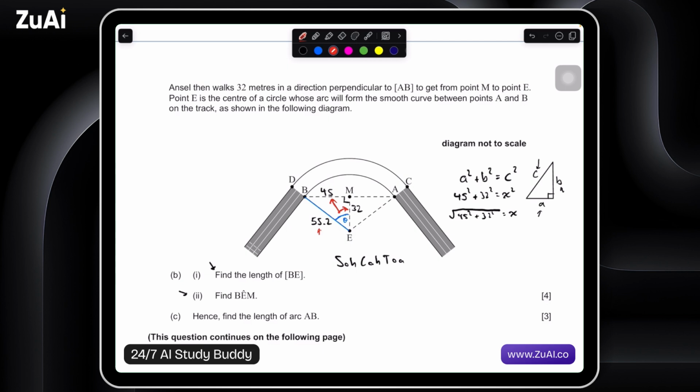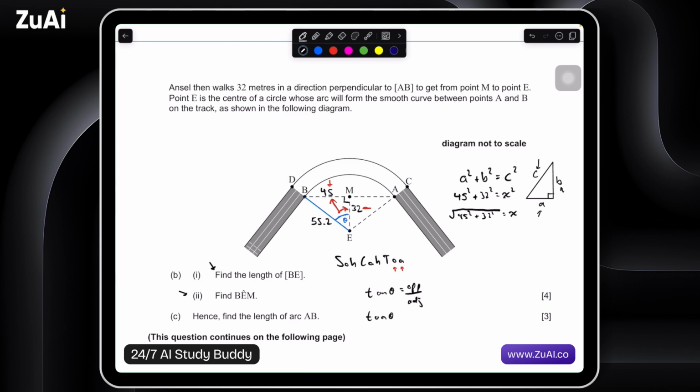This 55.2 we actually found using Pythagorean theorem, so it might be a little inaccurate, but that shouldn't matter. So opposite, adjacent, let's use tan. Tan theta is equal to opposite over adjacent.